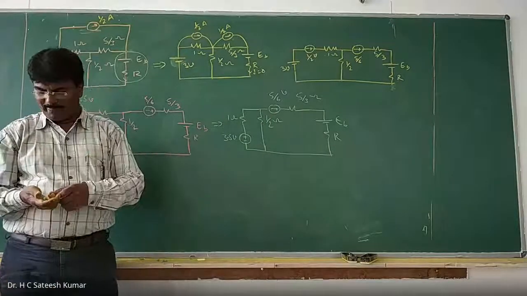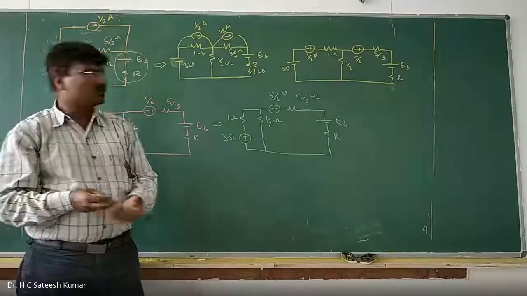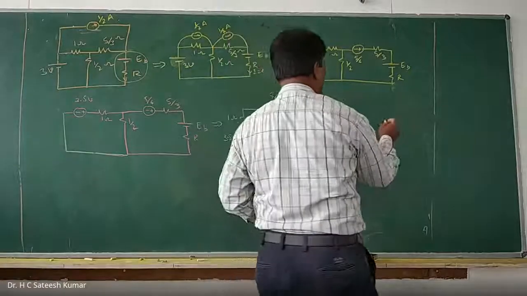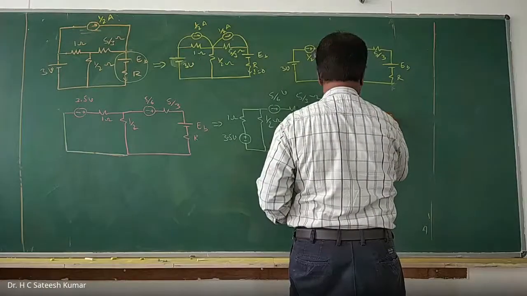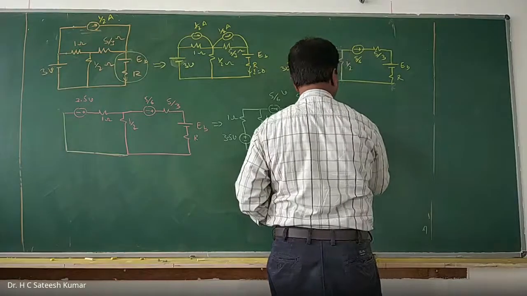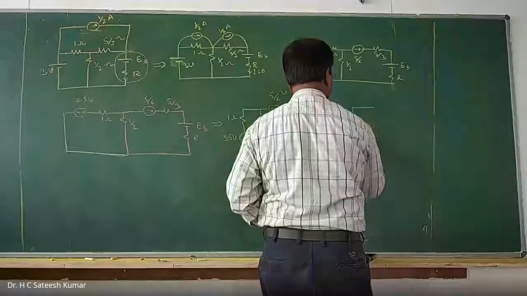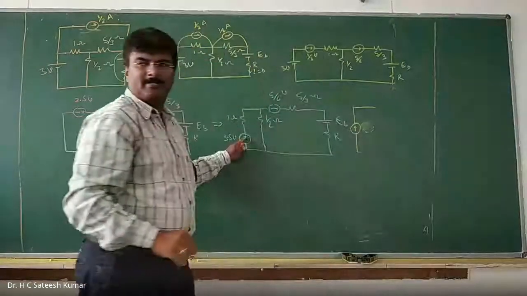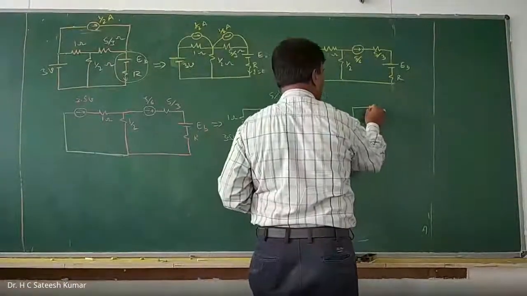If you want to simplify a parallel connection, convert them into current sources. So what should you do? Convert it into a current source, with the arrow pointing upside, because the plus of the volt is on the upside, and parallel to that there is a resistance.